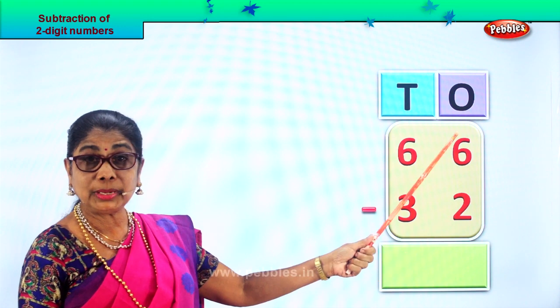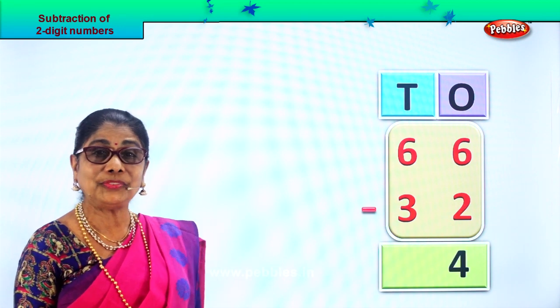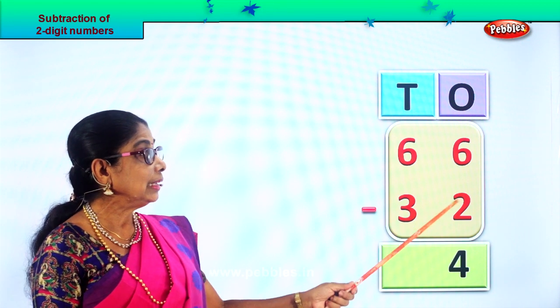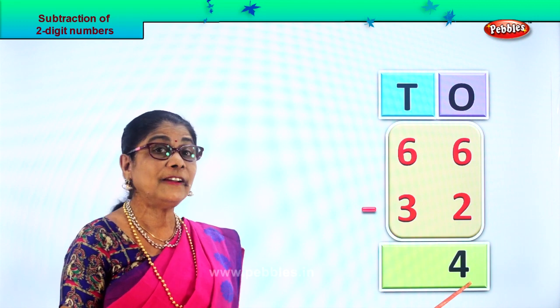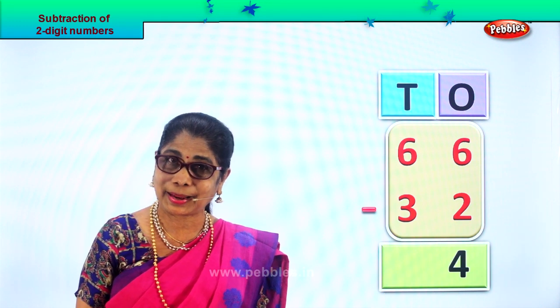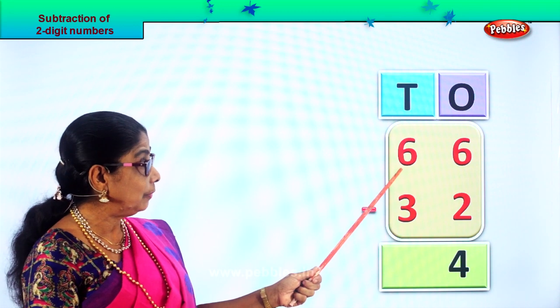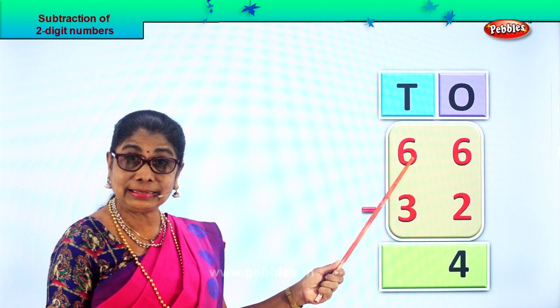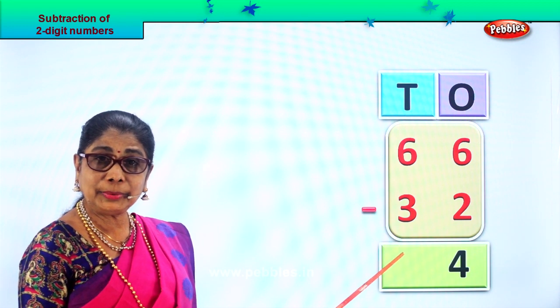So 4 plus 2 is 6. From 6, take away 2, 4. Very good. So 6 minus 2 is 4. You get 4 ones. Now let's go to the tens place. Again, we have here 6 minus 3. The number 3 is small.